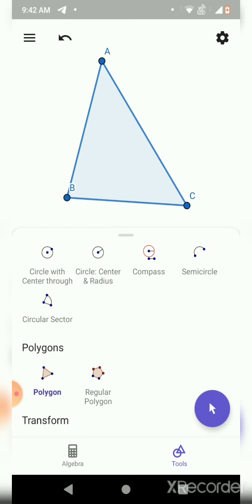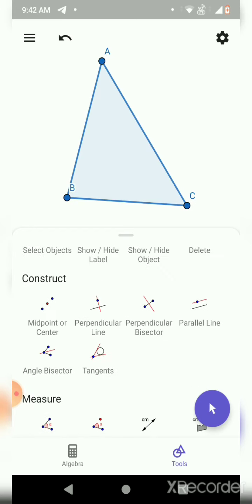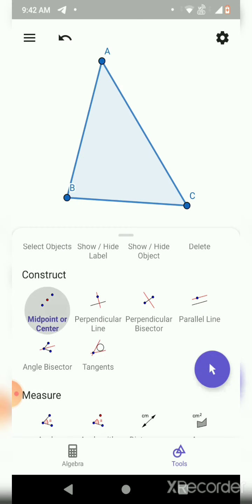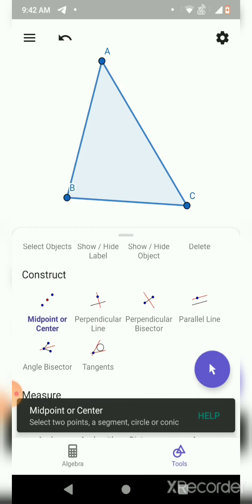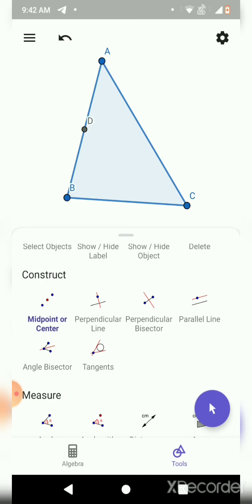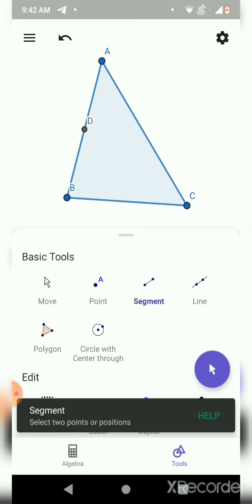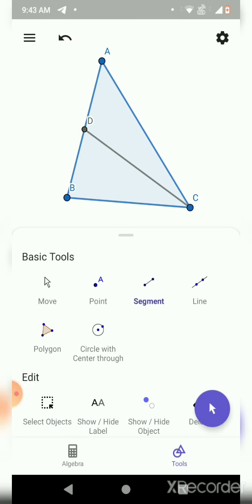This is a triangle. Okay, then if I draw midpoint of side AB, so I'll get the midpoint D, and if I join it to the opposite vertex, this CD will be the median.